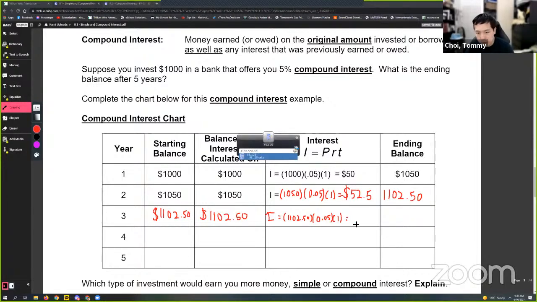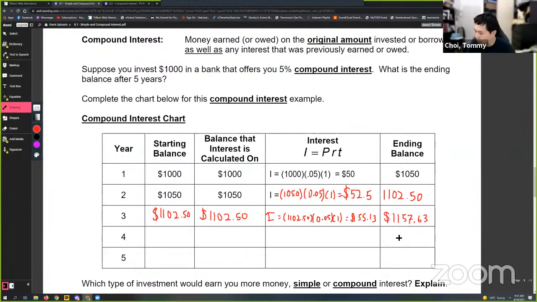And we're going to get 55.13, rounded. And so 55.13 plus 1102.5 is going to give us 1,157.63. And so on and so forth. So we're going to keep going with that and continue onwards here.